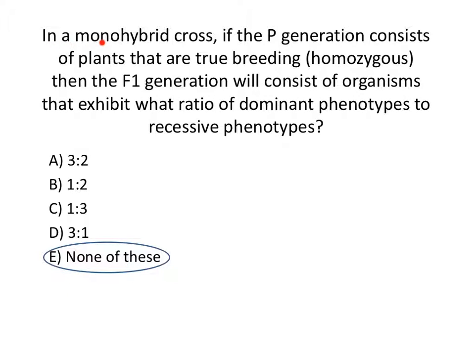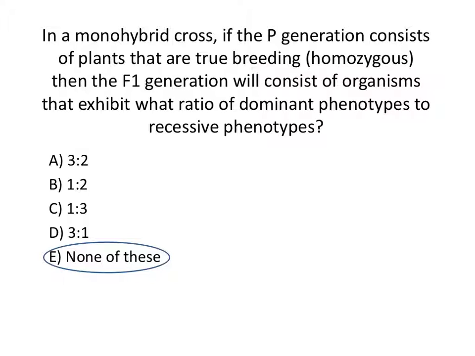So in a monohybrid cross, mono meaning single, hybrid, if the P generation consists of plants that are true breeding. Look, this is a term that we don't use a great deal in our lectures, hence the reason why I've indicated here homozygous.